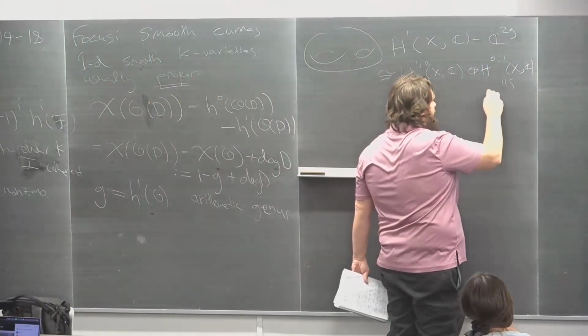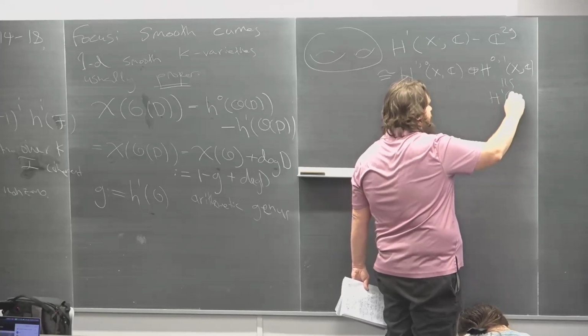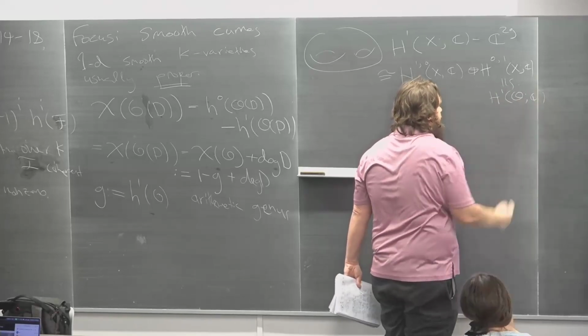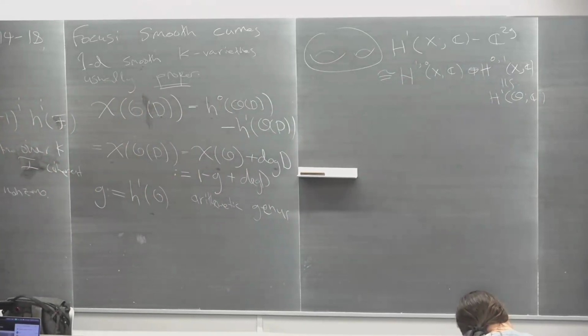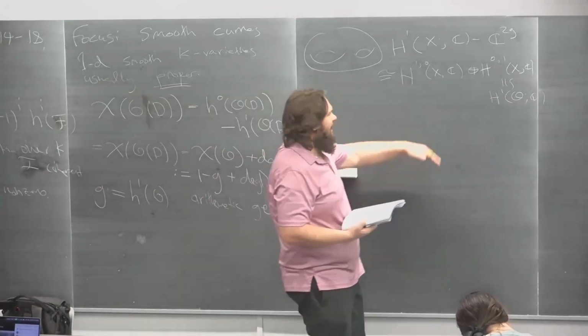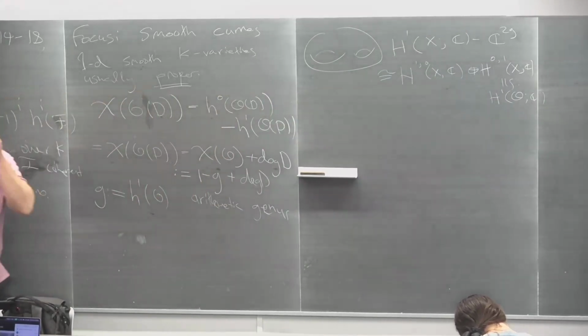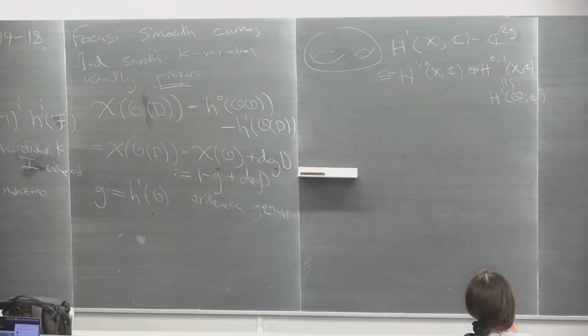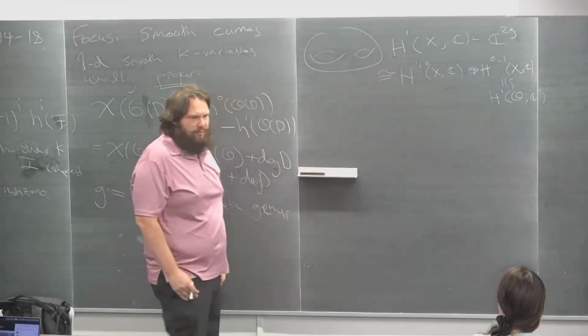I believe this one is H^1 of the structure sheaf. I apologize, I didn't check beforehand what the conventions for Dolbeault cohomology are, so there's about a 50% chance that I got this wrong. We can talk about that later. But that's one of the ways to think about this relationship to geometric genus.